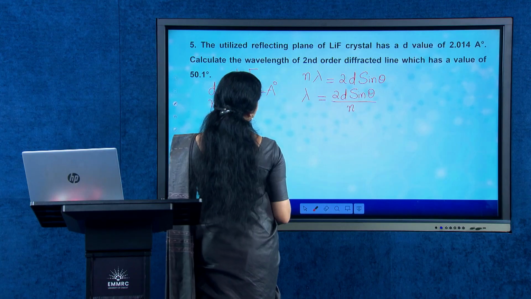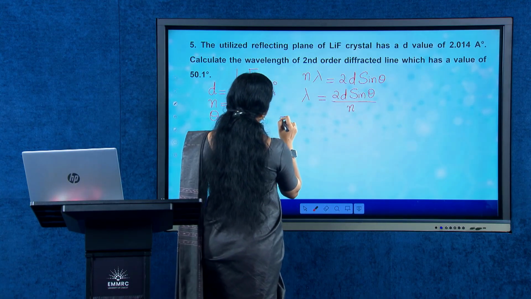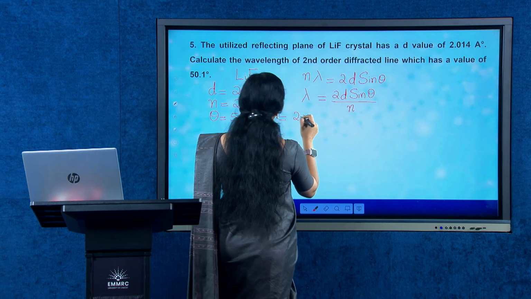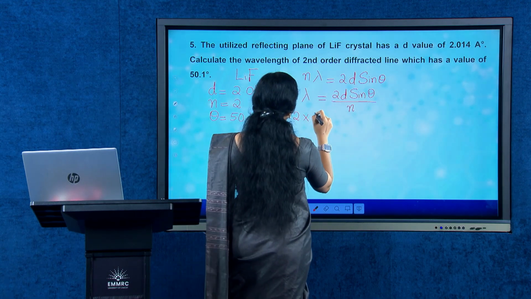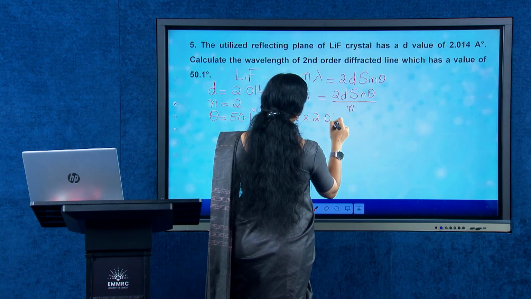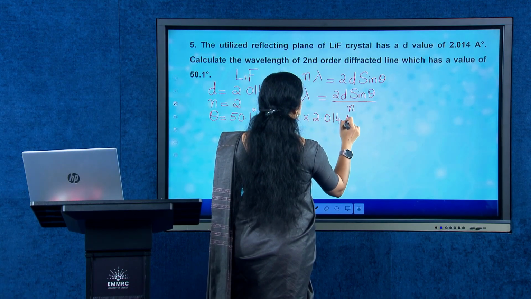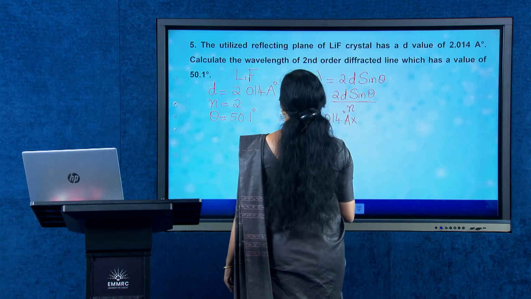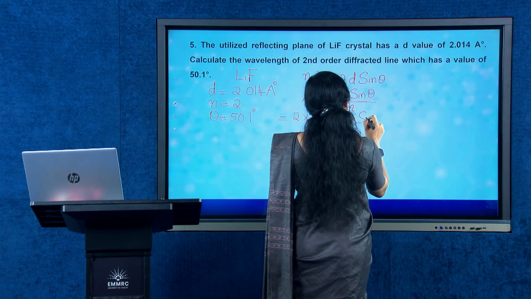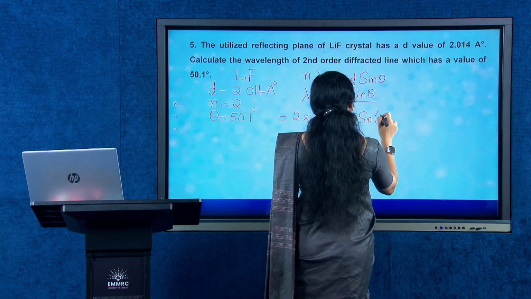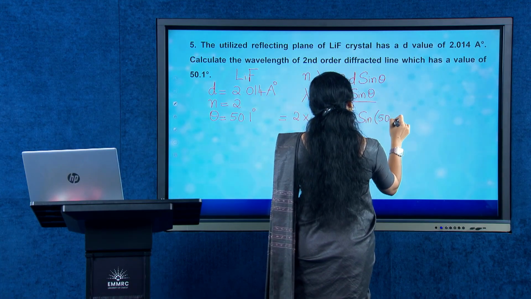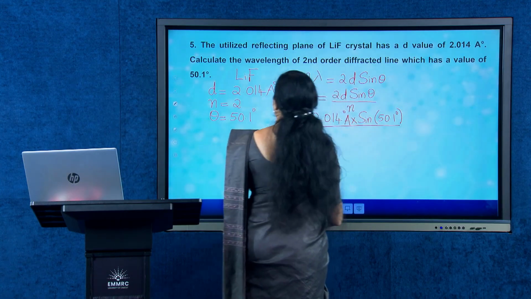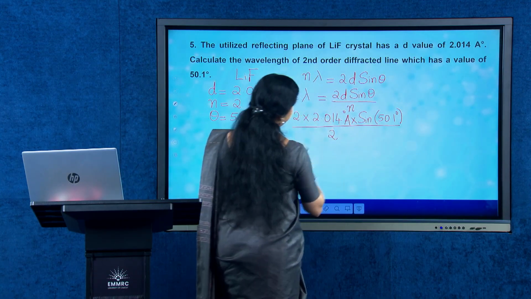So, let us substitute the values. So, that is equal to 2 into the value of d is 2.014 angstrom into sin theta, the value of theta is 50.1 degree, divided by the value of n is 2.